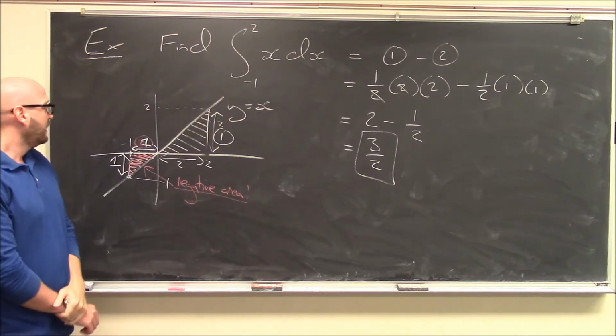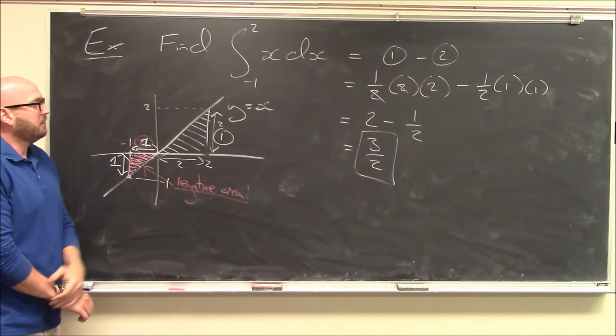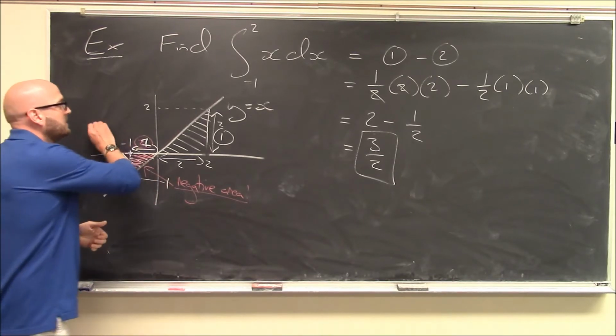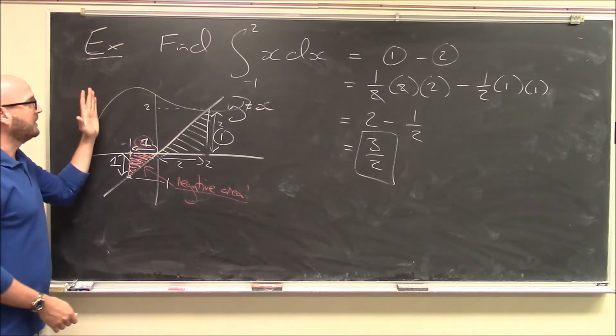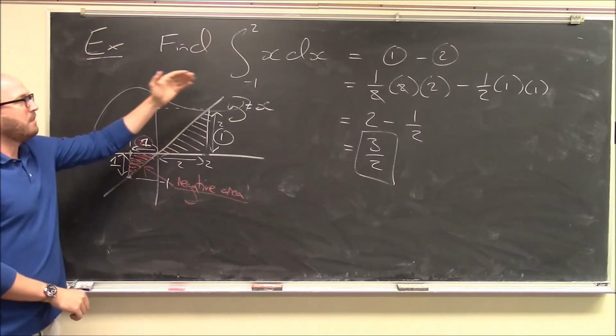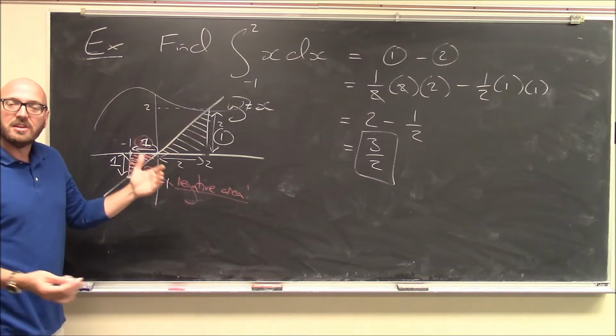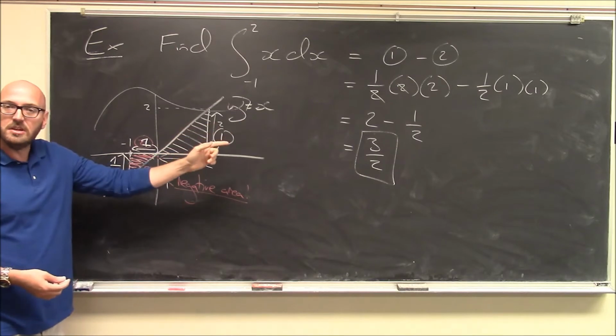The problem with this is, if we go back to just an arbitrary function, if I just draw some nice curvy function on here, and I say what's the area from A to B, area under the curve, this method we've been using in the last two examples is not going to work for us. Why did it work here? Well, because these are really nice geometric shapes.